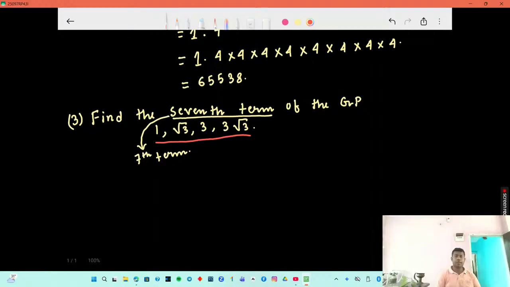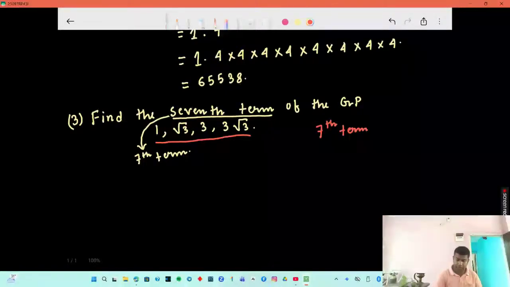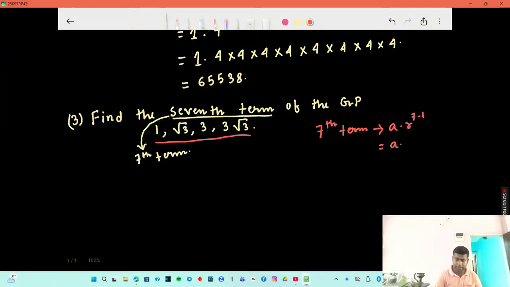In order to find the seventh term, the formula for GP will be a into r to the power 7 minus 1, which is a into r to the power 6. Now here, according to the question, a is 1 and r is root 3 by 1, which is equal to root 3.